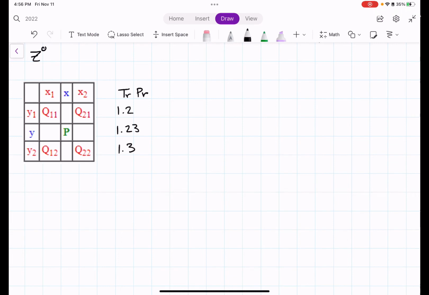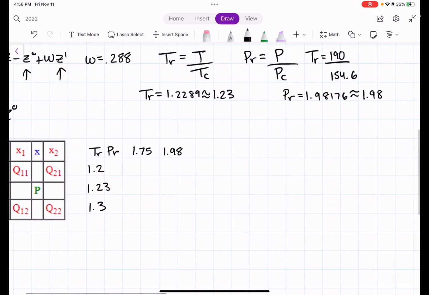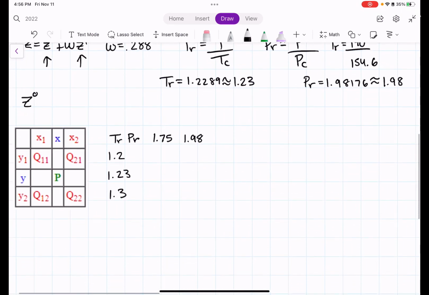My PR values that I had to choose were 1.75 and 2. So I'm going to put 1.98 because that's my actual PR value, and the number that was next to it was 2.